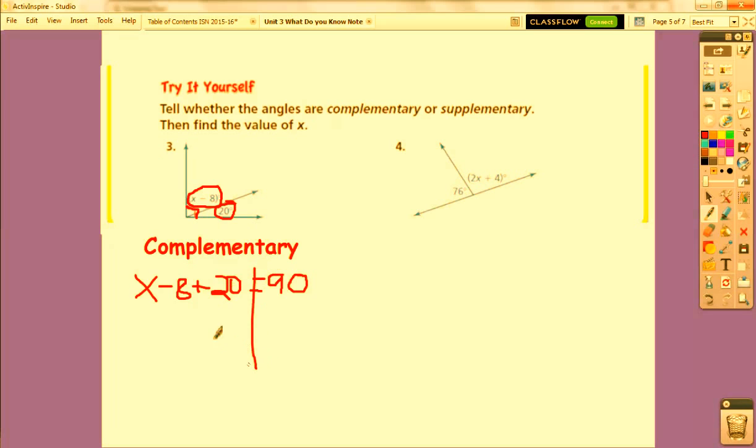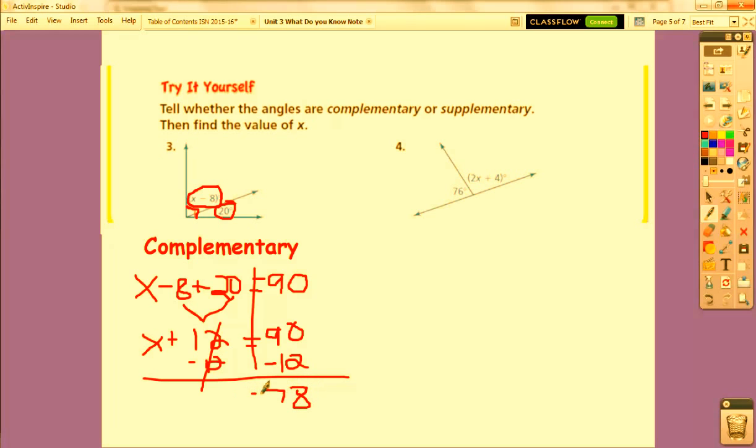Okay, solve for x. First you have to combine like terms. So negative 8 plus 20. When you combine that, you get positive 12. So x plus 12 equals 90. When I subtract 12 from both sides, I get 78 for the value of x.